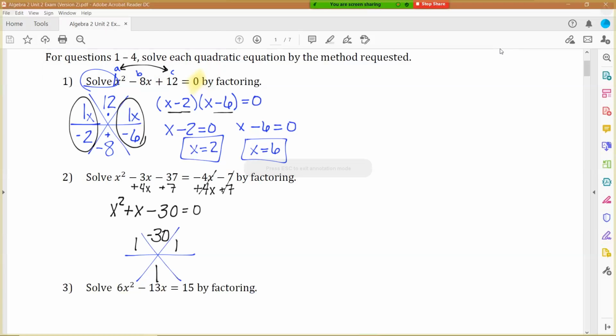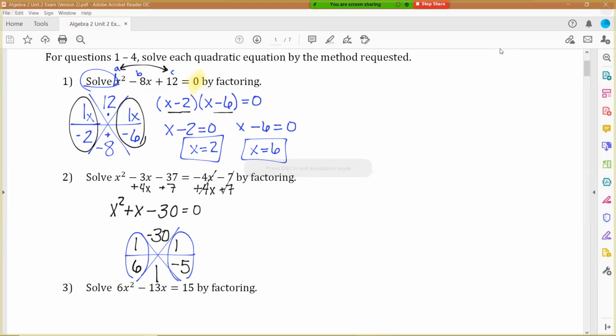I'm now looking for two numbers that multiply to give me -30, but add to give me +1. So we're going to use 6 times -5. 6 times -5 is -30, and 6 plus -5 is +1.